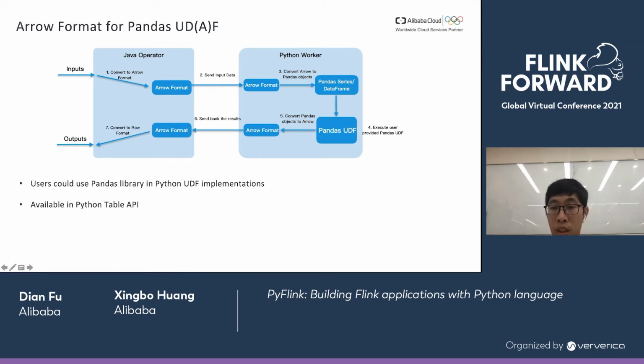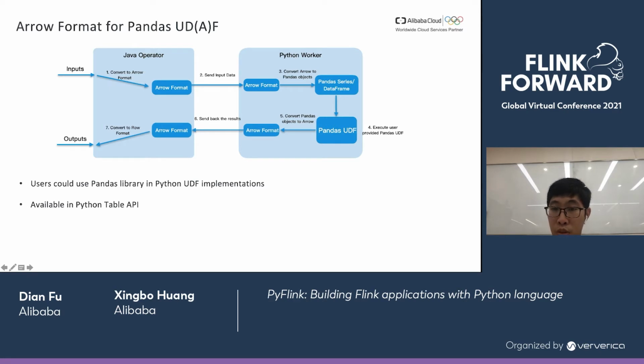These Pandas objects include Pandas series and Pandas data frames. And then the Python worker will put these Pandas series and data frames as input arguments to the Pandas user-defined function.